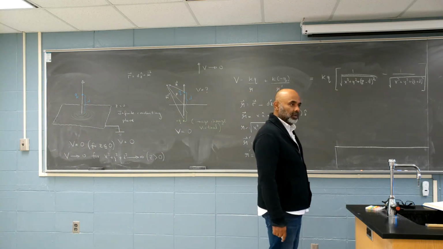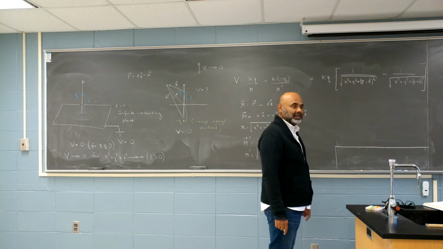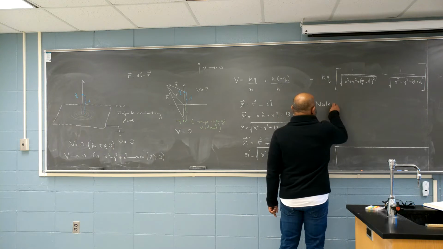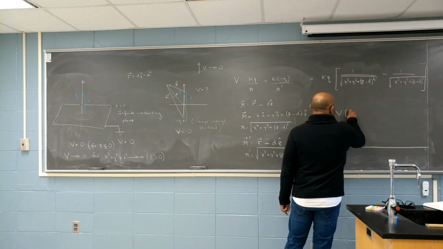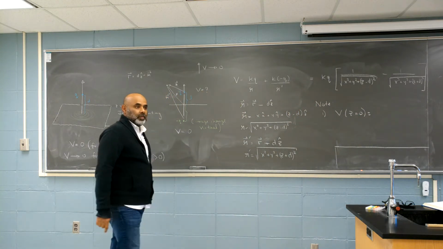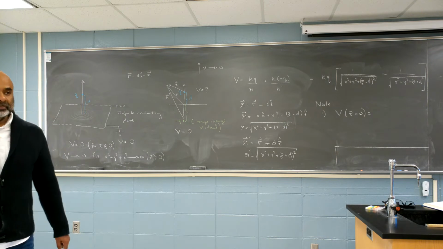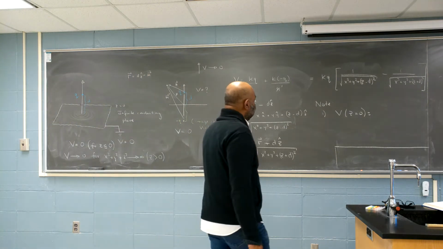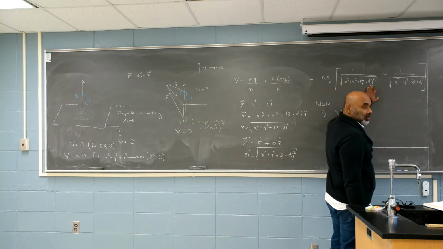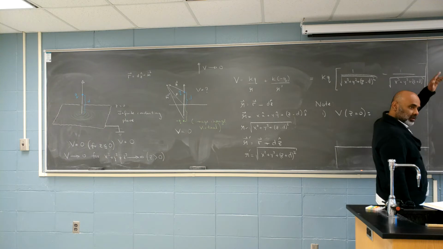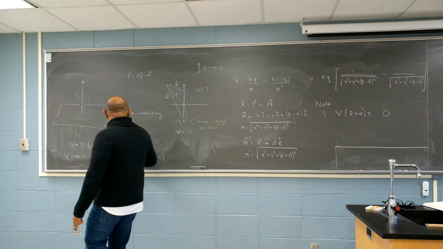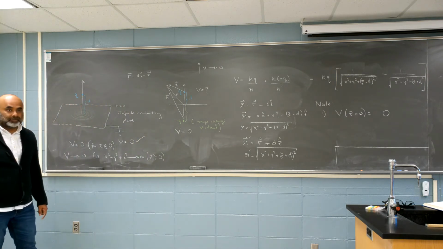That is the potential. Let's see what things it satisfies. Note one: V at z equal to 0. What is that? Well, 1 over x squared plus y squared plus d squared minus the same thing, so this is 0. Look, this condition has been satisfied.